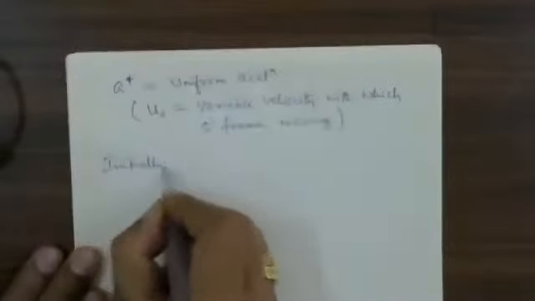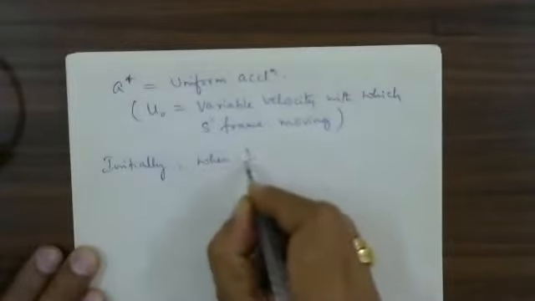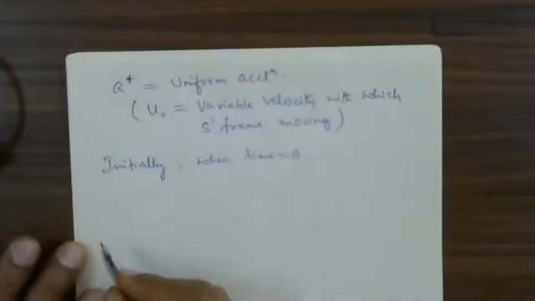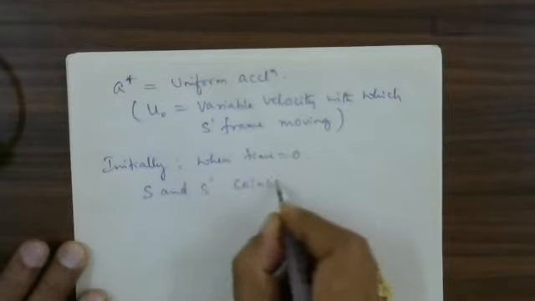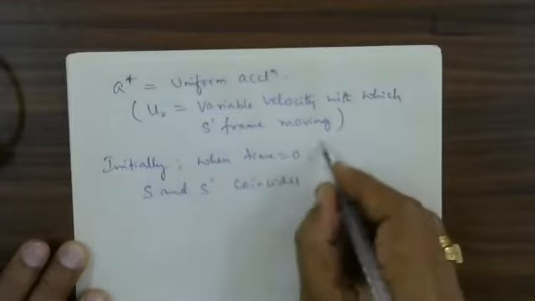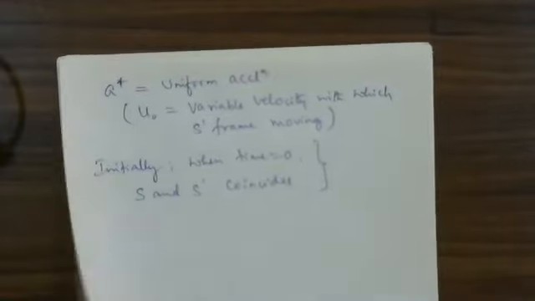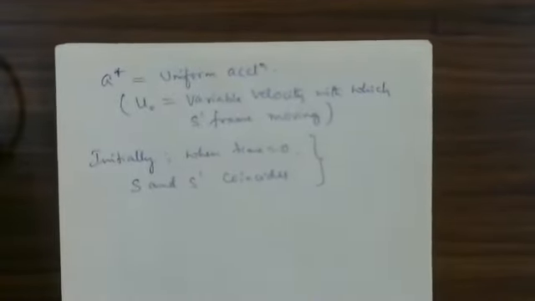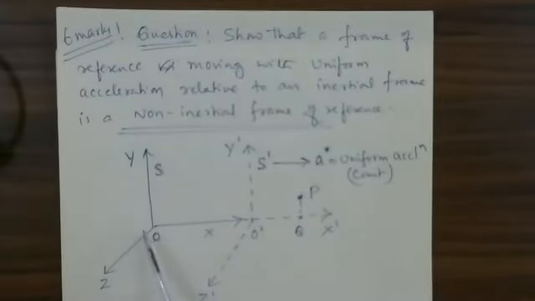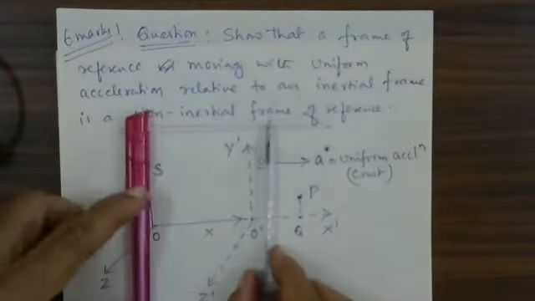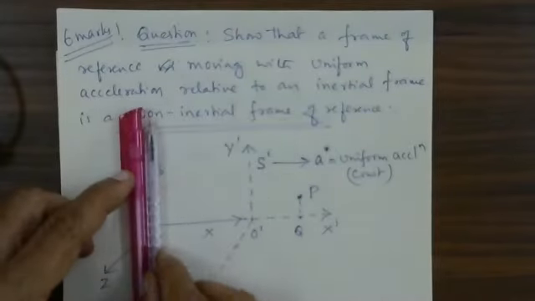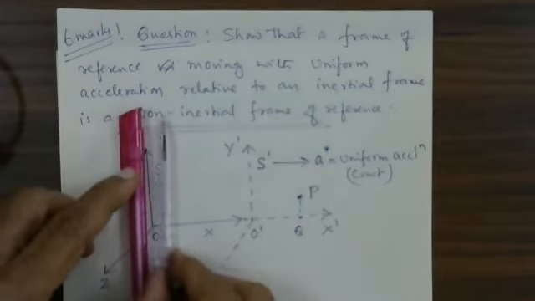Initially, that is when the time is equal to 0, S and S dash coincide. Understood about this? So the meaning of that sentence: if I'm choosing this frame of reference and this frame of reference, these two are present here like this. S and S dash coincided when time is equal to 0. As the time is more and more, S dash goes on moving like this.